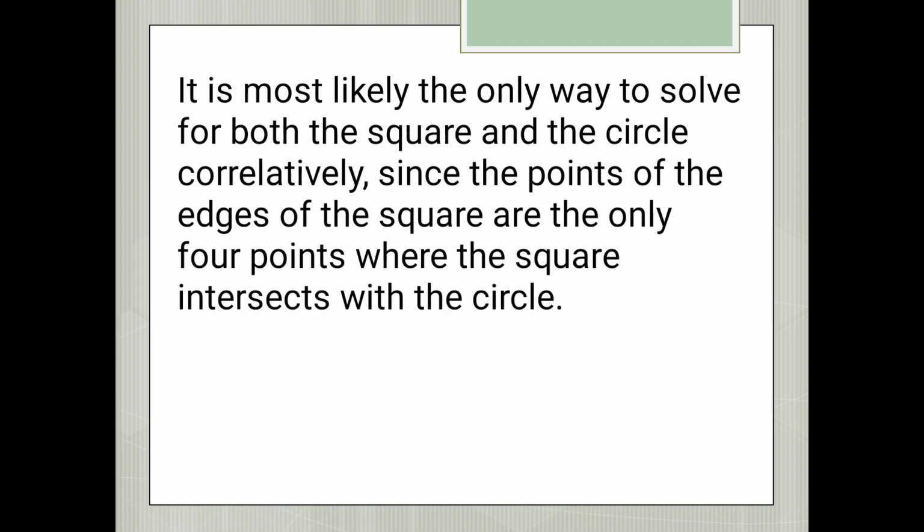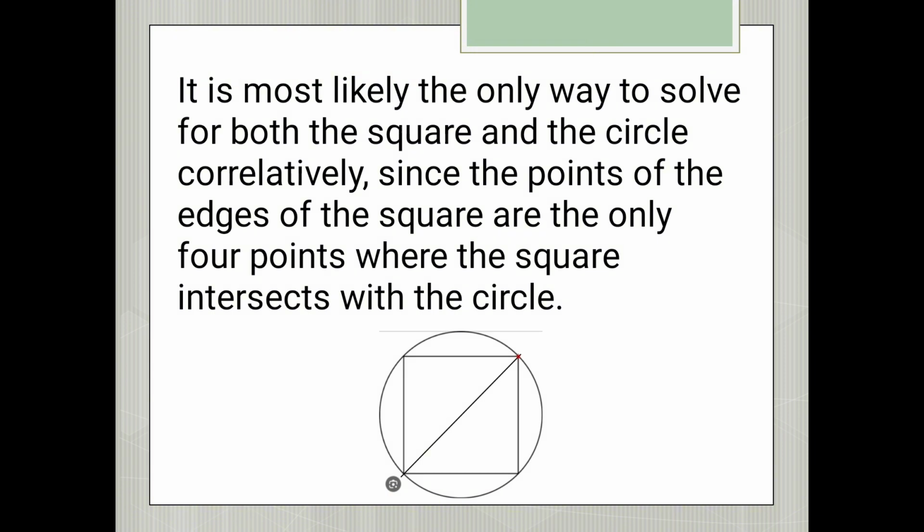It is most likely the only way to solve for both the square and the circle correlatively, since the corners of the square are the only 4 points where the square intersects with the circle. You can also see it in the image below.